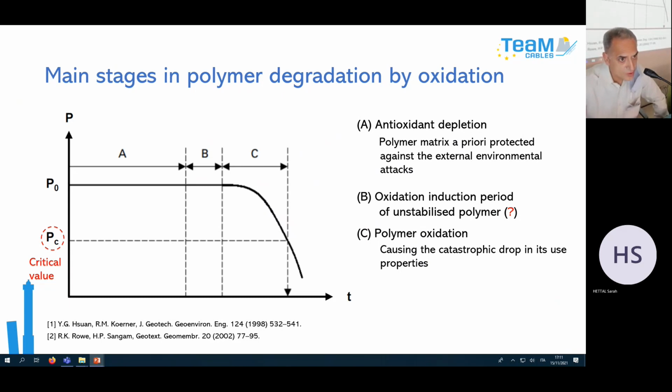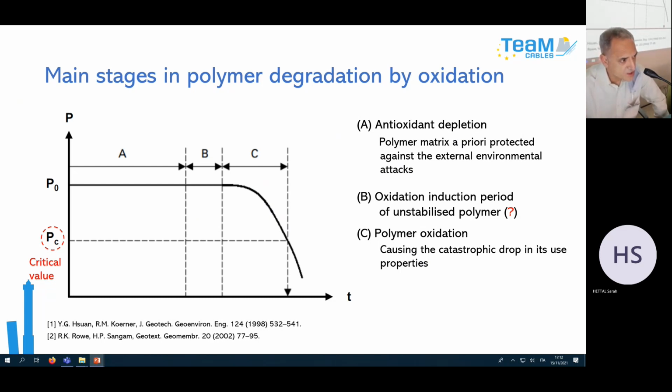It is composed of three main stages. The first stage is called here A. It corresponds to the stabilization stage.